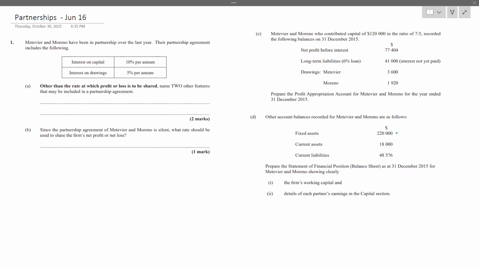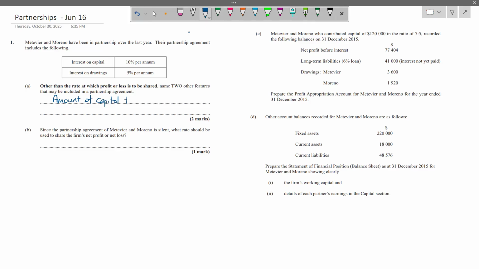So apart from the profit and losses, we could look at the capital contributions. Right, in a partnership agreement as well, we could also look at actions to be taken if a partner retires or dies.